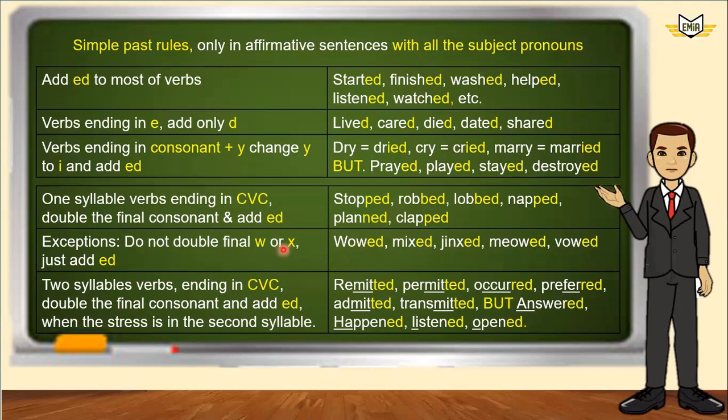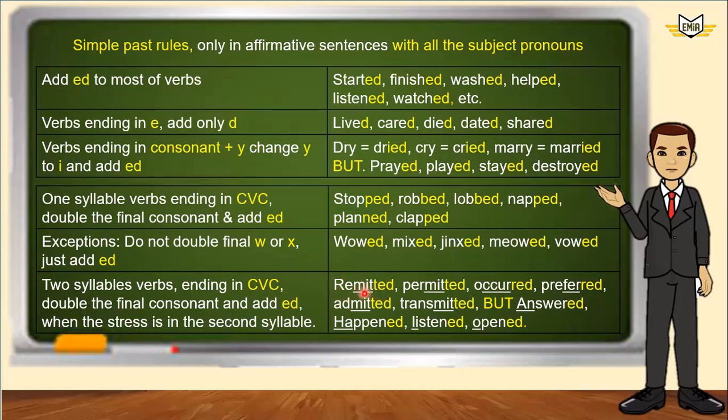What happens when you have two syllable verbs? Two syllable verbs ending in consonant, vowel, consonant, you need to double the consonant too. All right, but not always. Look at this, guys. Focus on this part. You have remit.